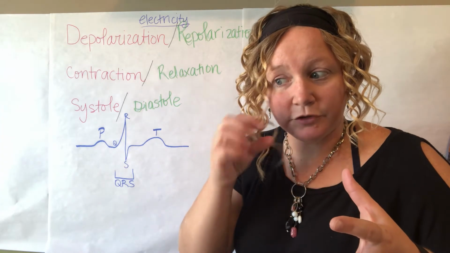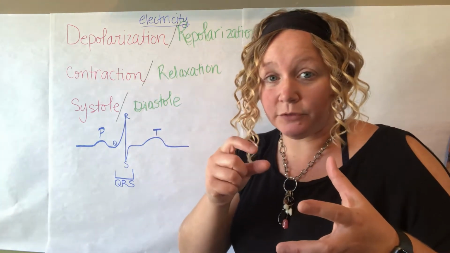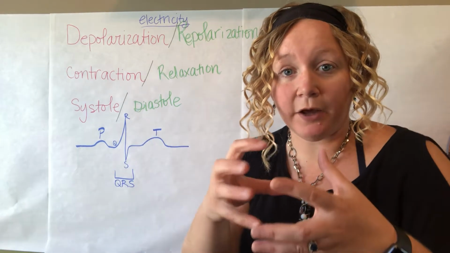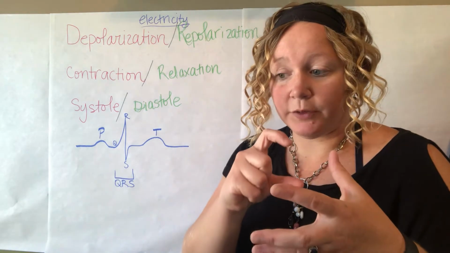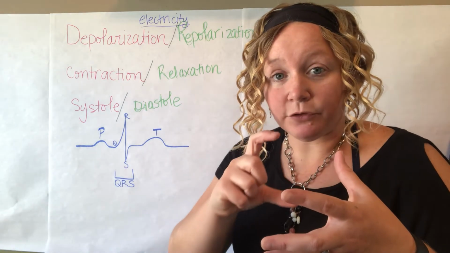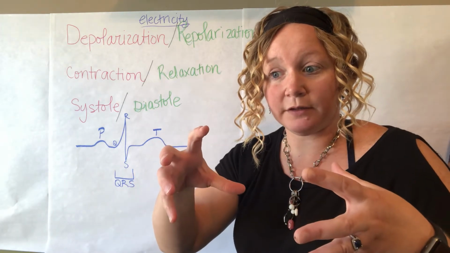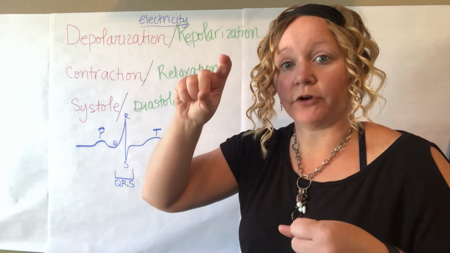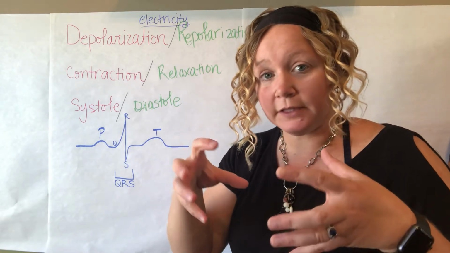So think of the light switch allowing the electrical current to go. Think of that SA node as your light switch, and then the electrical current flowing through the pattern of the atrium and then the ventricles, it depolarizes and allows then the muscle to contract. Just like the light switch allows the electrical current to turn the light bulb on, the depolarization of the muscle allows it to contract.